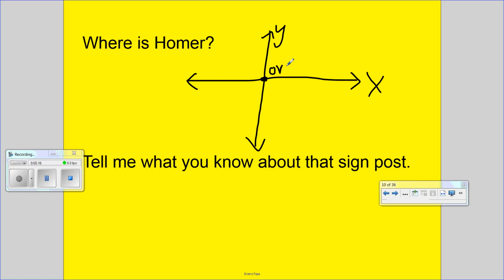This is called the origin, and remember, it is at 0, 0. Because this is a number line, we know positives go to the right of 0 and negatives go to the left of 0. In a vertical number line, positives go up, negatives go down.